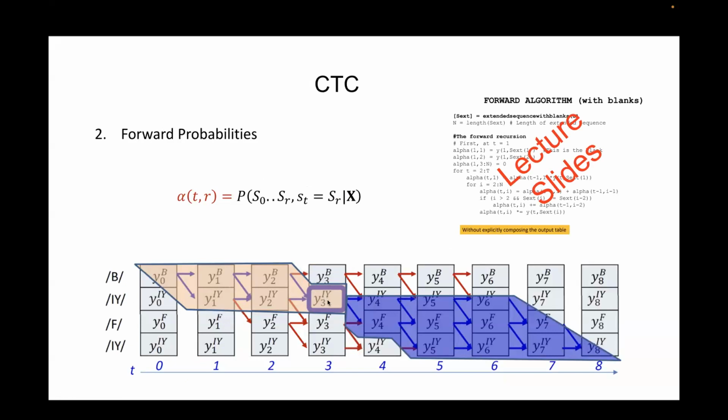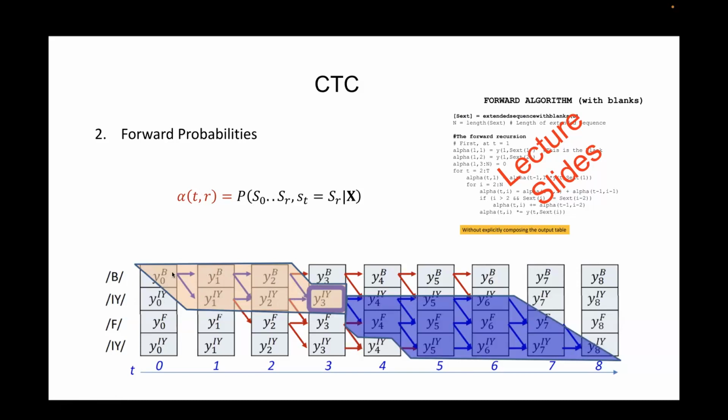So for that, we first need to calculate the forward probabilities and the backward probabilities. For the forward probability, alpha TR essentially means the sum of all probabilities that, when you start the decoding, at the tth time step you encounter the symbol equal to IY.